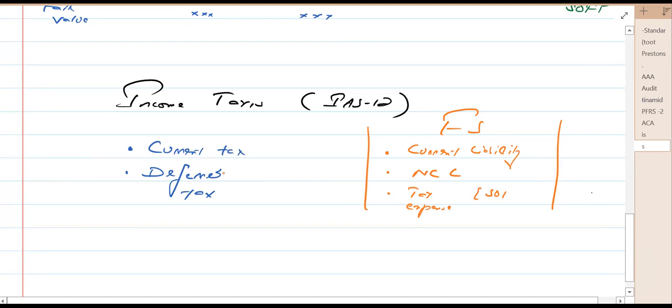So the non-current liability and current liability are within the statement of financial position.